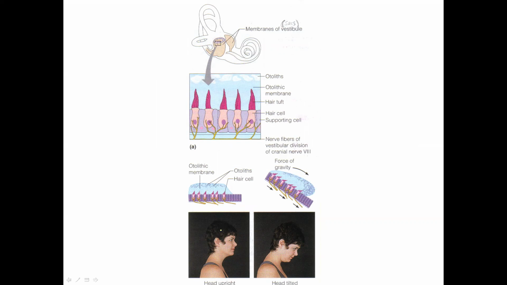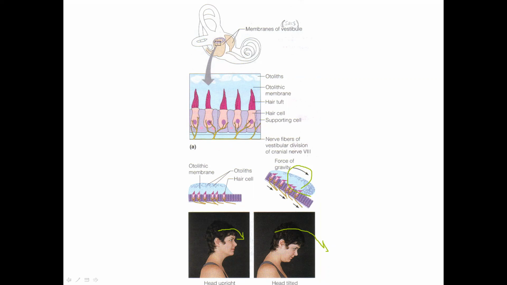And here's how it would work. Just by simply moving, gravity is going to change the position of the fluid, which irritates the hairs, which sends information down your nerves in order for you to interpret where your head is in position to gravity.